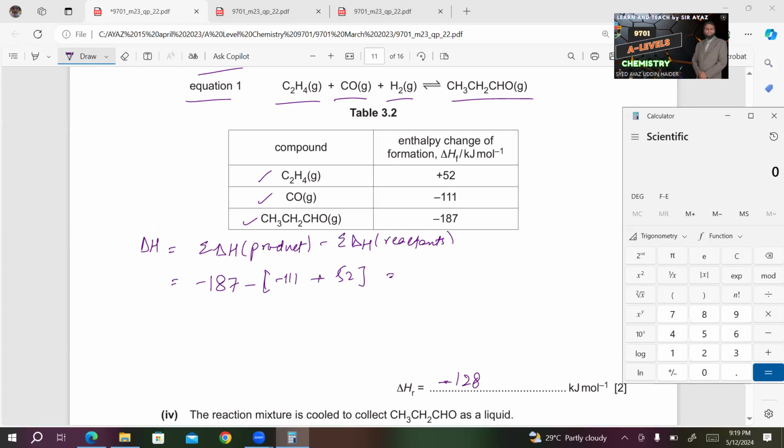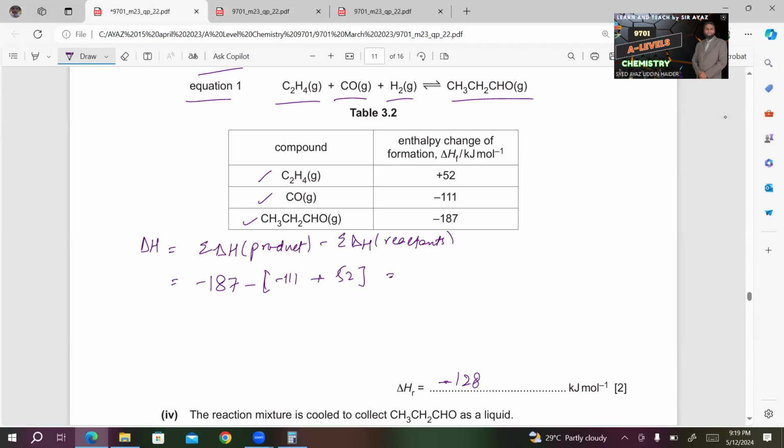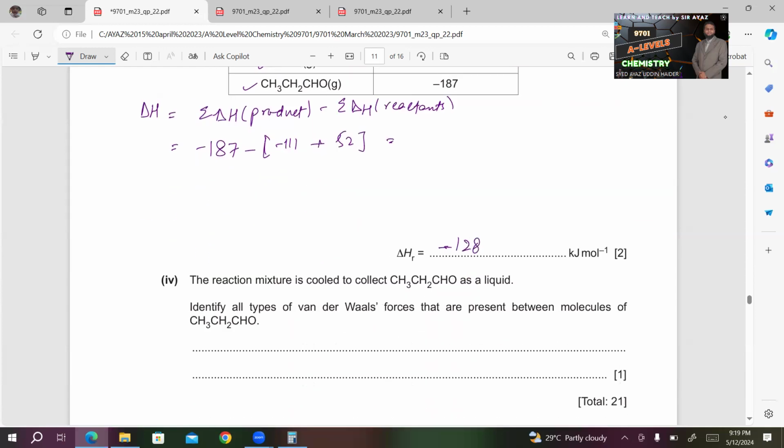So 111 must become plus here. So minus 111 minus 52 becomes minus 52, minus 187, minus 128. Moving to the next question.